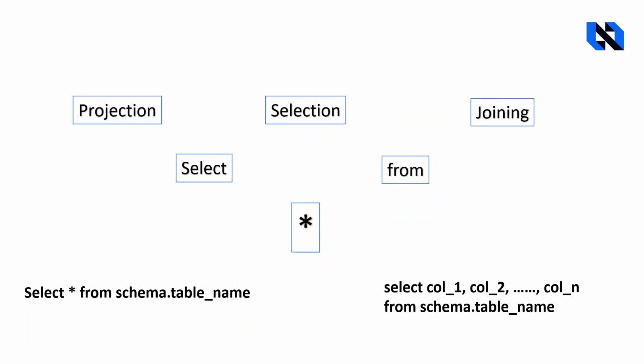Let's say my manager comes in and says, I want you to get me data from the employees table, but this data should contain employees' first name, last name, hire date, and salary. In this case, my manager is not telling me to return all the columns from that table.